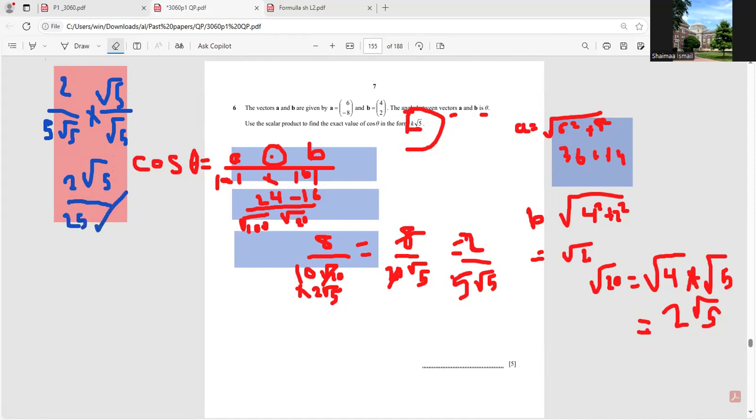Final answer. It has 5 marks and we did it. So 2 root 5 over 25. And that is the k, which is 2 out of 25, and root 5 is the root 5 that we need. Okay, let's see the next.